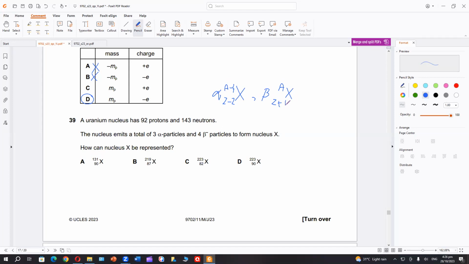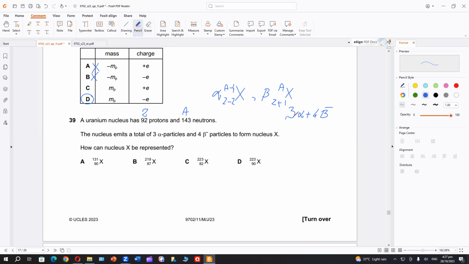So 3 alpha and 4 beta. This is the atomic number and this is the mass number. So I can say 3 alpha plus 4 beta minus. If I first solve for mass number, A minus 4 times 3 is 12. Beta does not change the mass number.